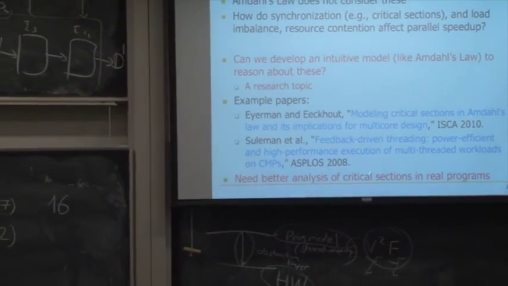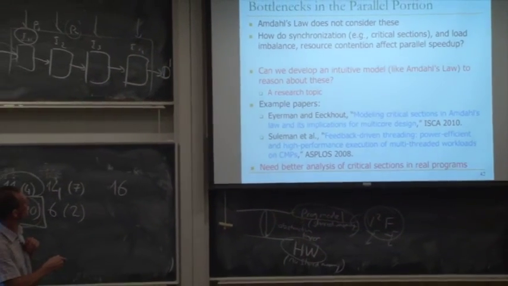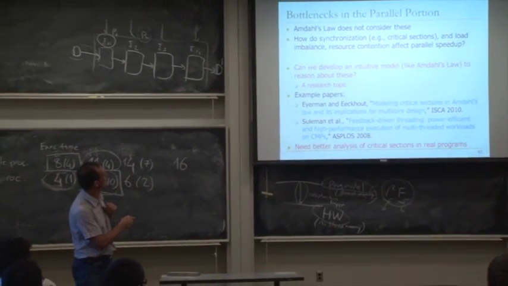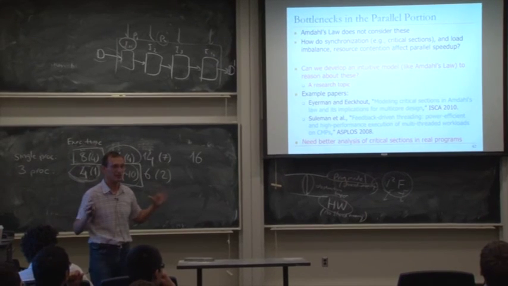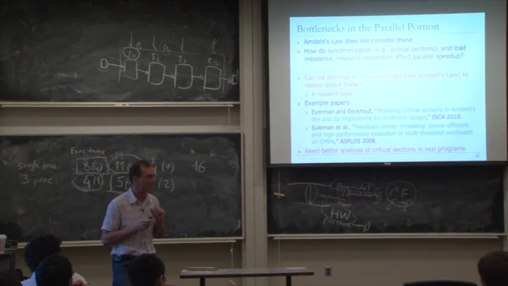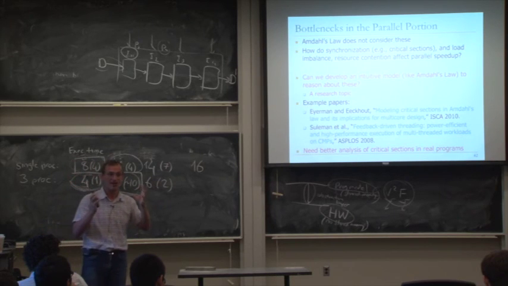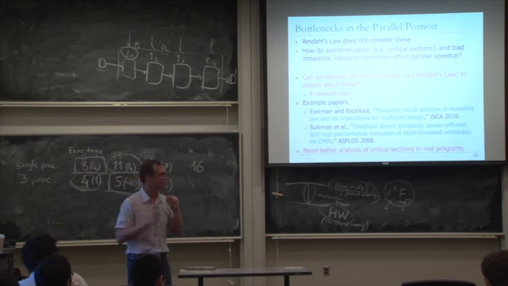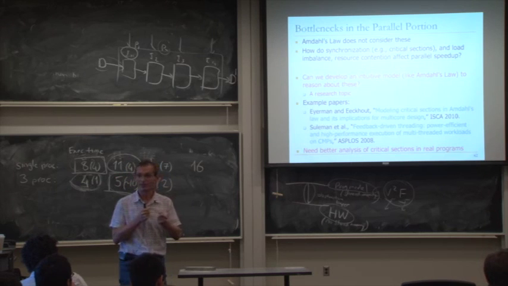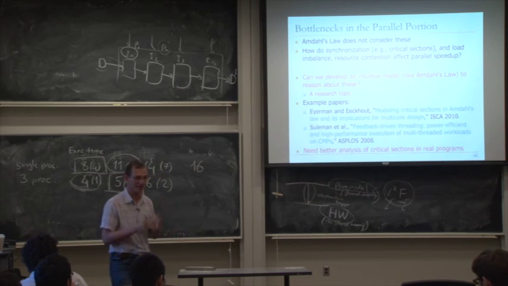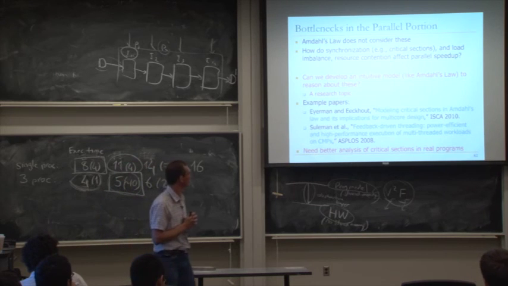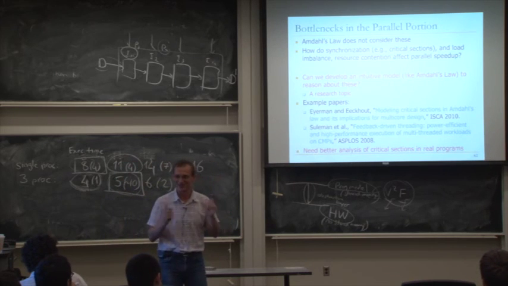Basically, we need better analysis of not only critical sections, but also these different reasons why the parallel part is not perfectly parallel in real programs. And that could be one project, for example. You could take some real programs, analyze these bottlenecks in the parallel portion, and try to develop an intuitive model that actually covers that. And that would be something that at least no one has successfully done so far.